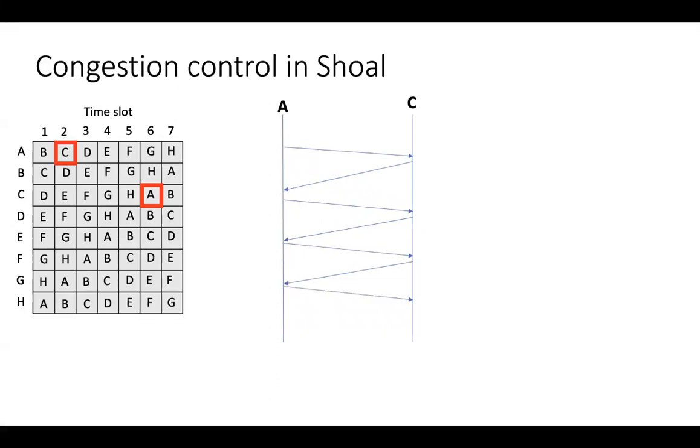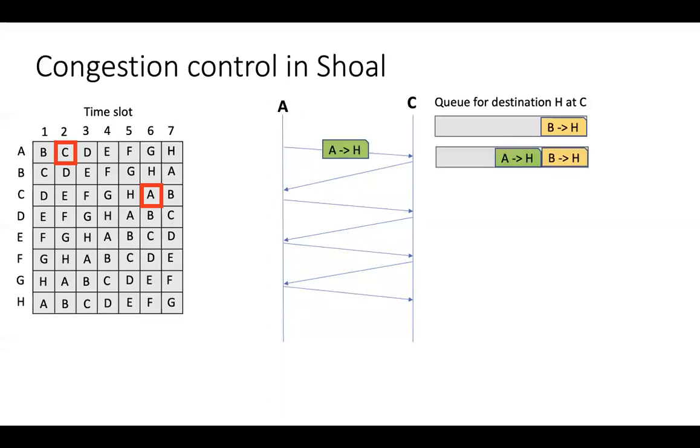So let's see how we can leverage this property to design a very simple and yet extremely efficient congestion control algorithm. If you again go back to the previous example where C was our intermediate node and we had the queue for destination H at C, let's assume that it already had a packet from source B. Now when it's A's turn to send a packet to C, A would send that packet and C would buffer that packet again in the queue destined to H, and now the queue size has grown to 2.